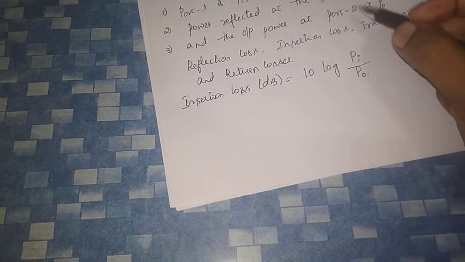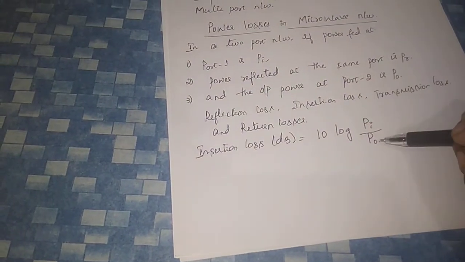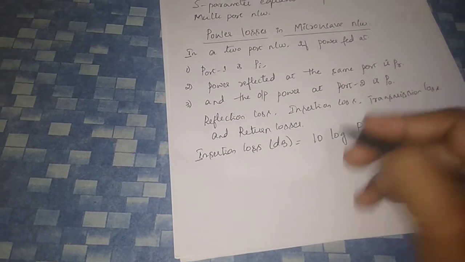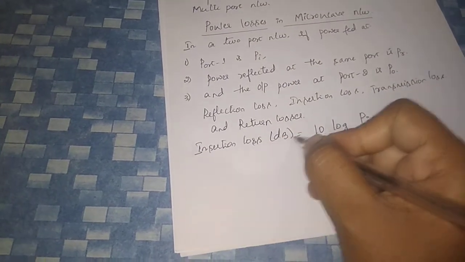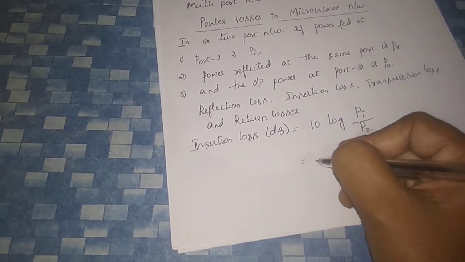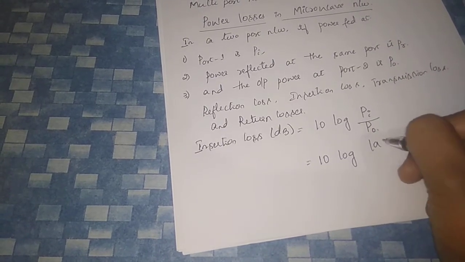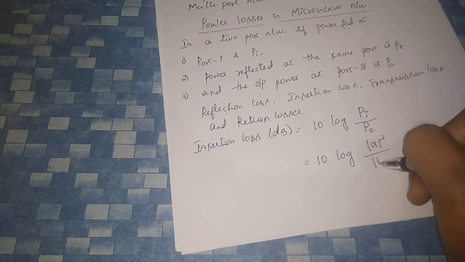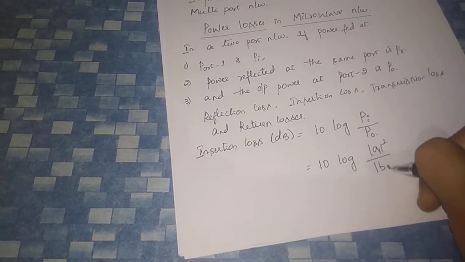Pi is your incident power at port 1, and P naught is the output power. The ratio of incident power to output power gives you the insertion loss. The same thing you can write as 10 log A1 square divided by B2 square.